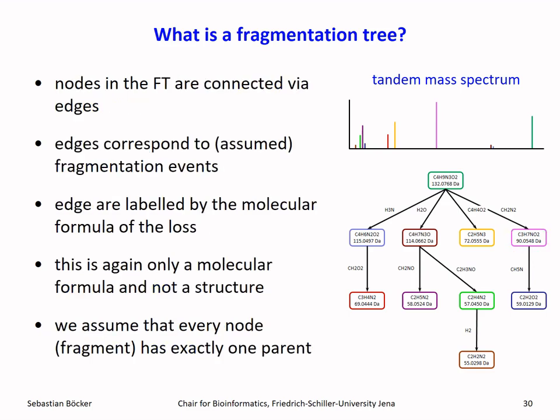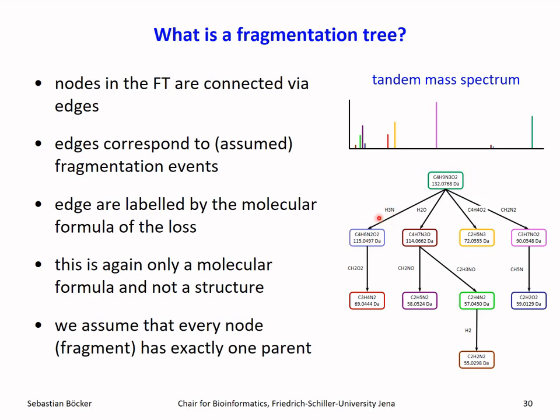So the other thing that you see inside this tree are edges. Edges connect nodes. That's how it's defined in graph theory and mathematics. And these edges correspond to fragmentation events. And you actually see the fragmentation part, the loss, which didn't ionize, and so you can't see it inside the mass spectrometry instrument, that fell off here.